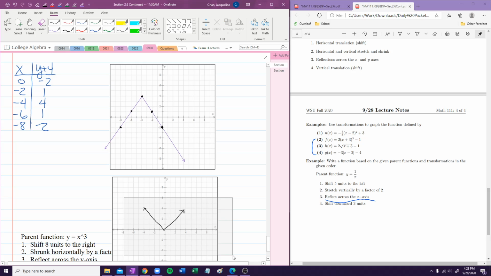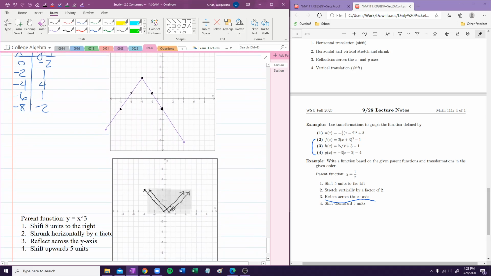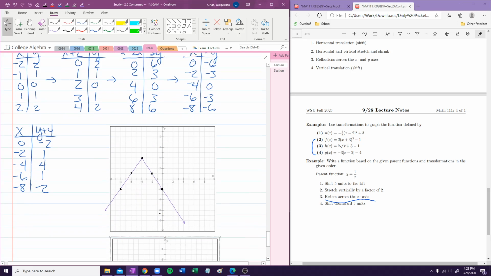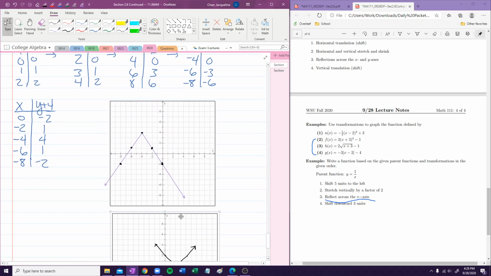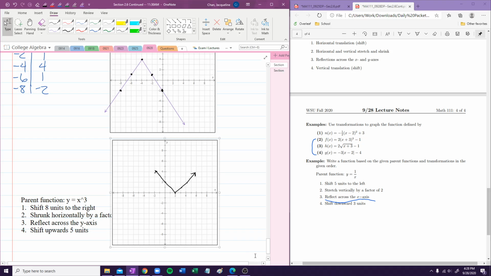Okay, so essentially what you do here is you take this graph, and what I first did is I first moved it over 2, like this, and then I did a horizontal stretch and a vertical stretch, right, so I distorted the shape a little bit.